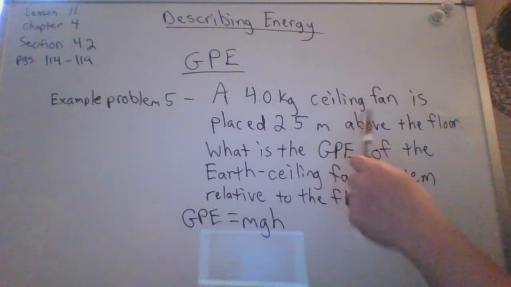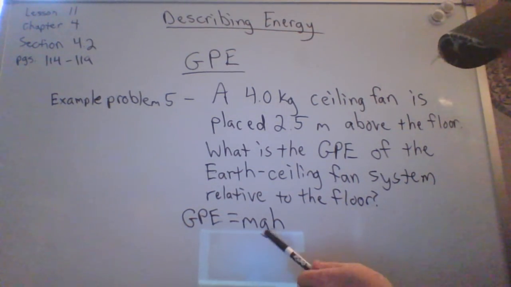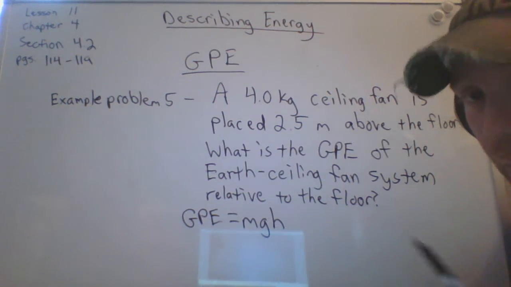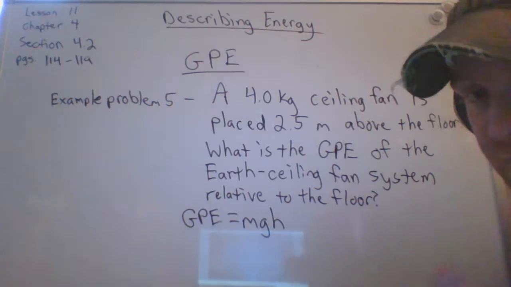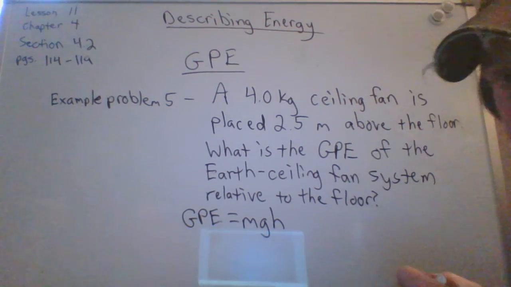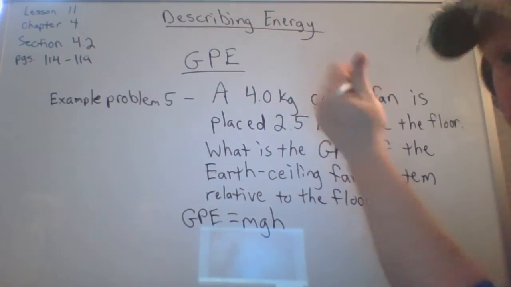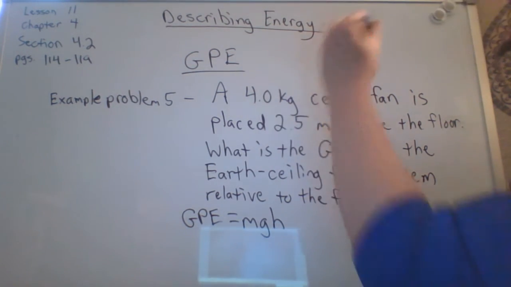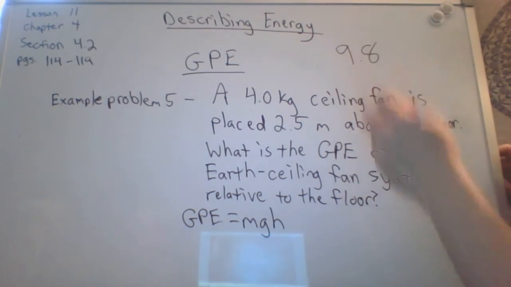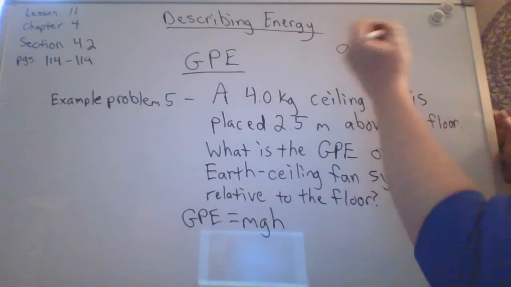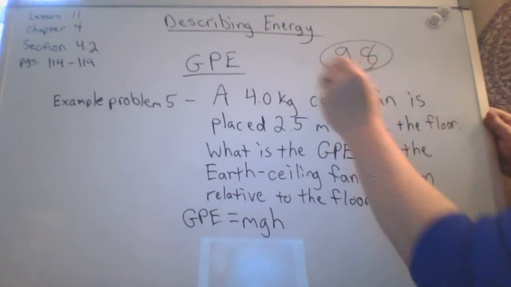The rest of the problem doesn't exactly help you out with gravity, but think about the fact that we're on planet Earth, and if you remember from previous lessons, gravity on the surface of planet Earth, due to its mass, is 9.8 meters per second squared. You could say newtons per kilogram. Gravity's 9.8. Okay.